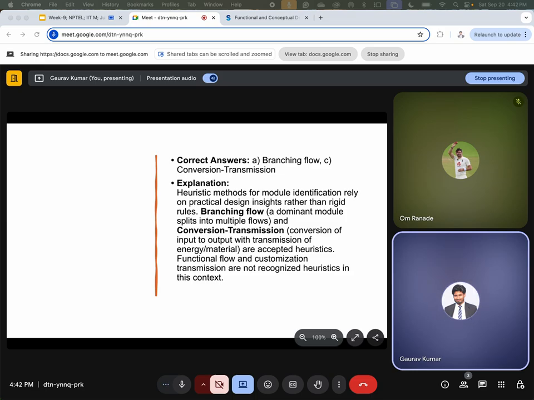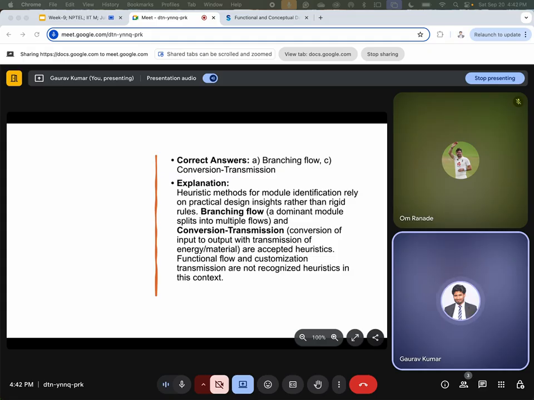So basically, heuristic methods are practical rules or shortcuts used in design when formal systematic procedures may not be sufficient. So in the context of module identification, heuristics help designers to break down the complex product into meaningful clusters of functions and components.